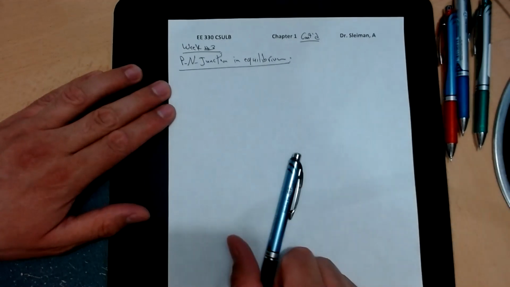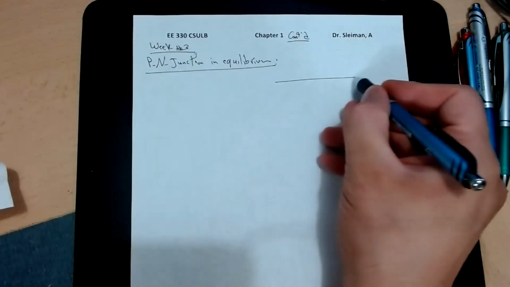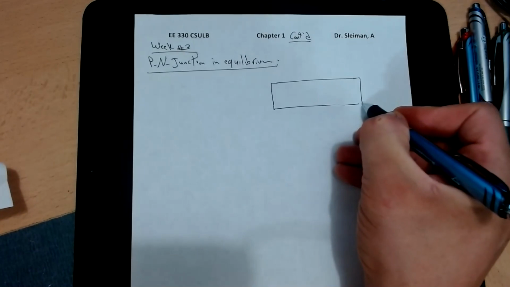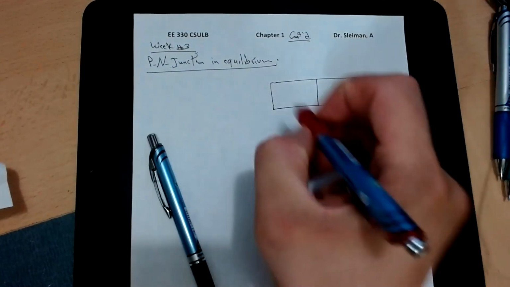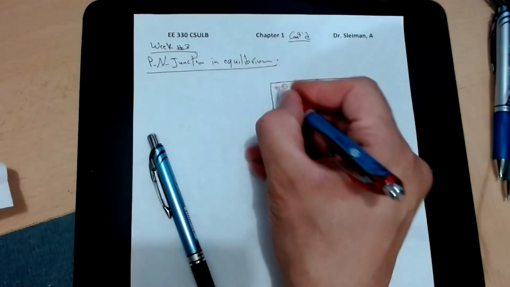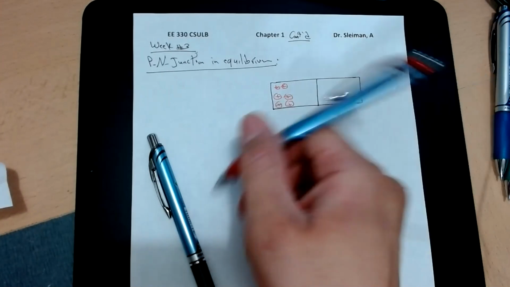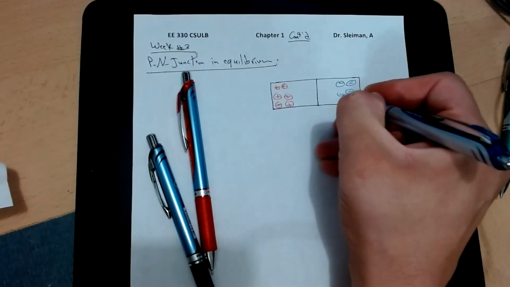So I think it's not clear. Okay, let's continue with this. So let's say we have the PN junction. Most likely we have positive charge on this side, negative charges on this side.